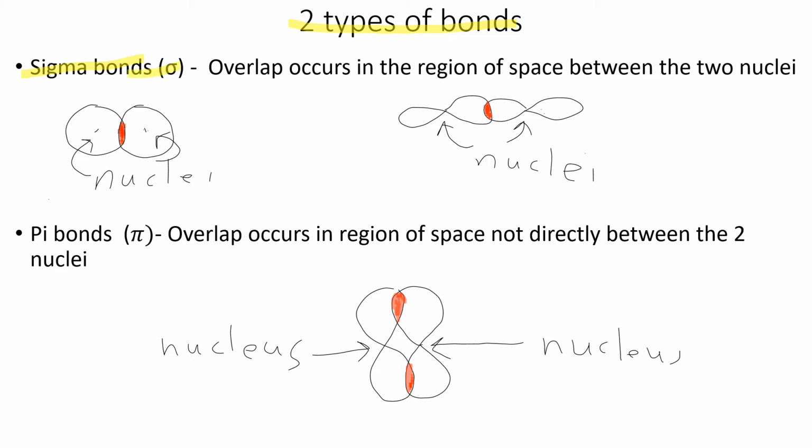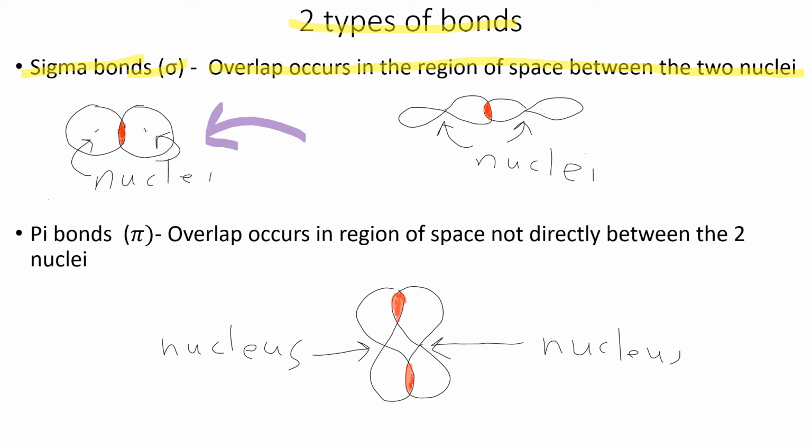You see that with the Greek letter sigma, which looks kind of like an o with a little bit of a tail. And in a sigma bond, the overlap occurs in the region of space directly between the 2 nuclei. So we can represent that with s orbitals like we see on the left.